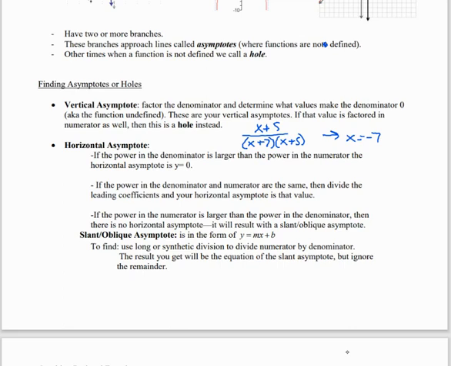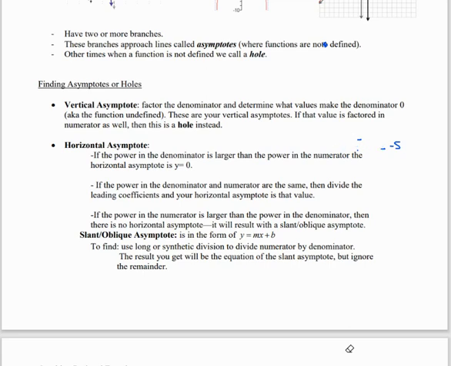So I will not have a vertical asymptote at x equals negative 5. I will have a hole at x equals negative 5. We'll go through more examples of that so that you can clearly see. But to find vertical asymptotes, we focus on that denominator. If there's a same factor in the numerator, then that creates a hole.